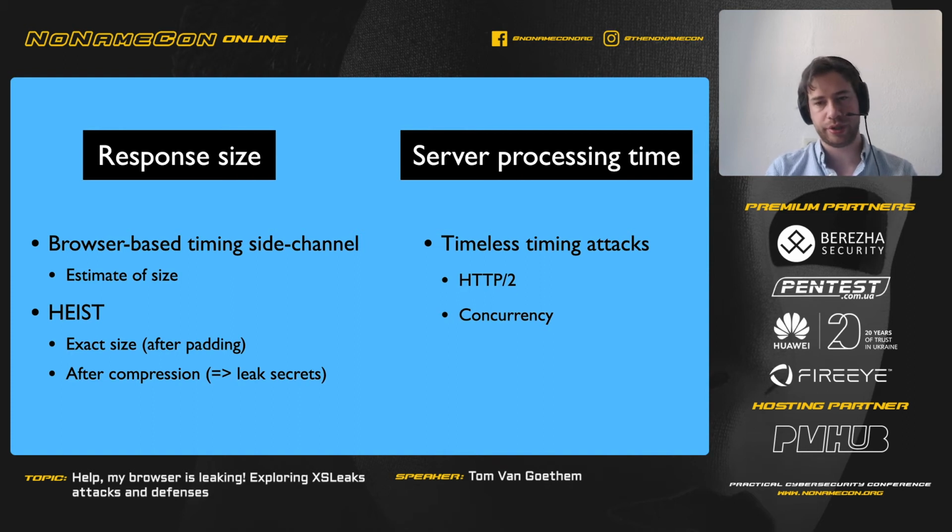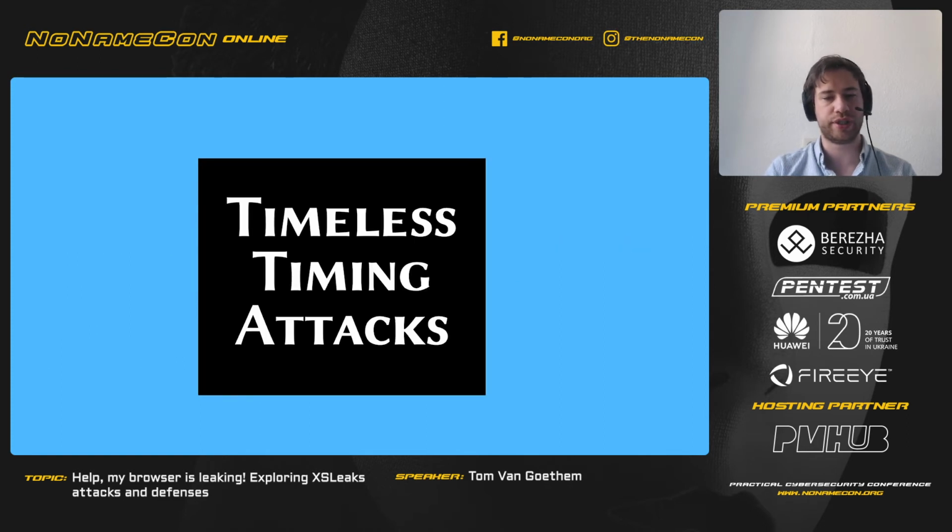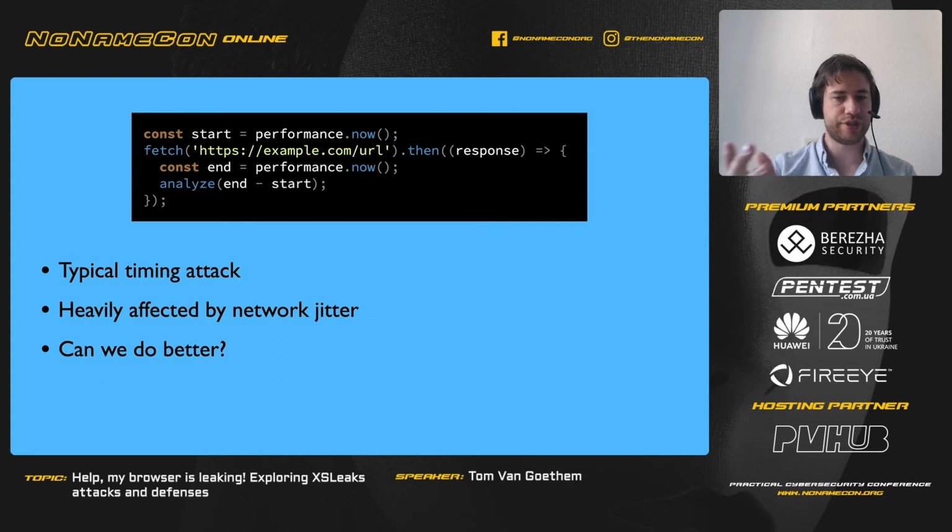And now we will look at how we can try to determine the processing time of the server. For this we will look at a very recent technique called timeless timing attacks. This is the example as before, which is a very basic way of trying to determine the processing time of the server.